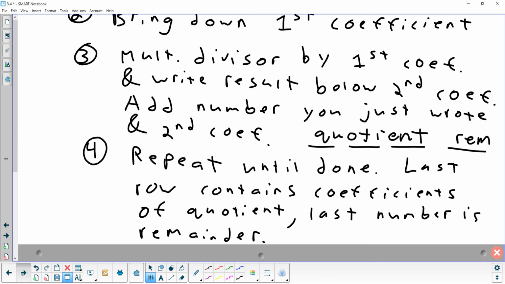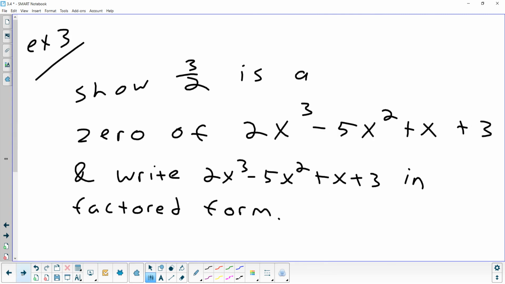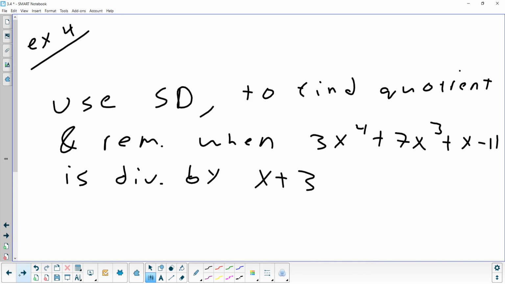All right, so let's see. Let's do this first. So this is technically example 3 in your notes. It says SD is synthetic division. Use synthetic division to find the quotient and the remainder. Now we're dividing by x plus 3. We're supposed to divide by something that has what kind of pattern? It's not supposed to be x plus a number. Yep. Minus a number.